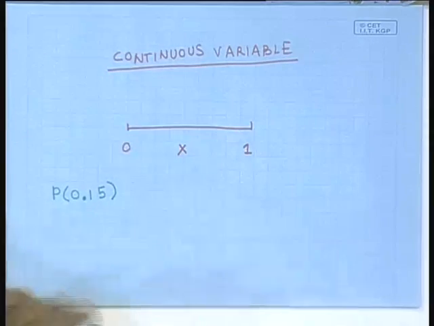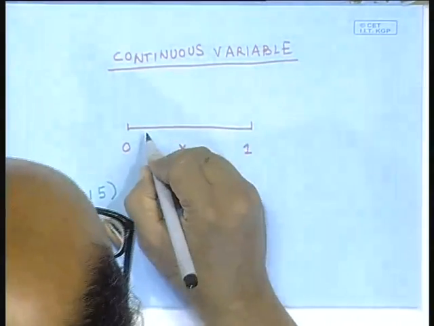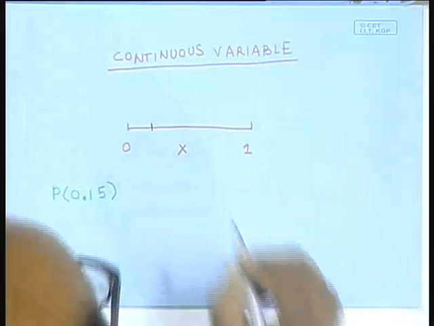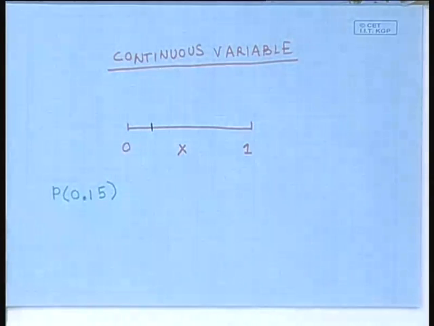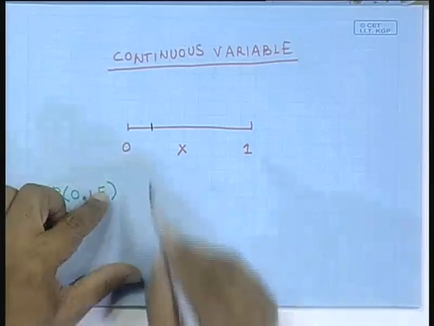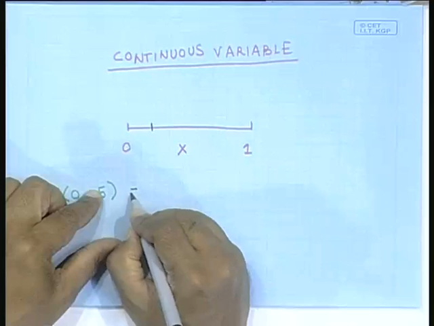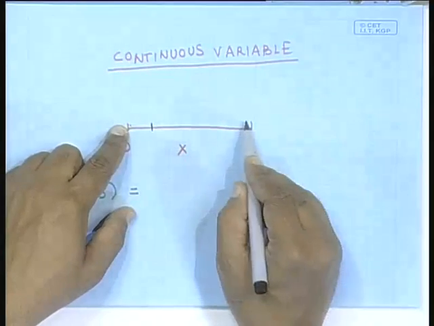So, here the particle has equal probability of being anywhere in the range 0 to 1, and the question that we are interested in is what is the probability that it is at the point 0.15, at this particular position. Now, the particle can be anywhere between here and here.